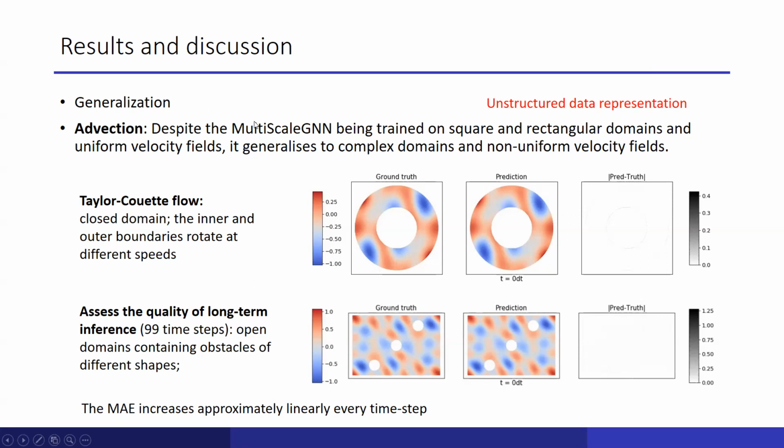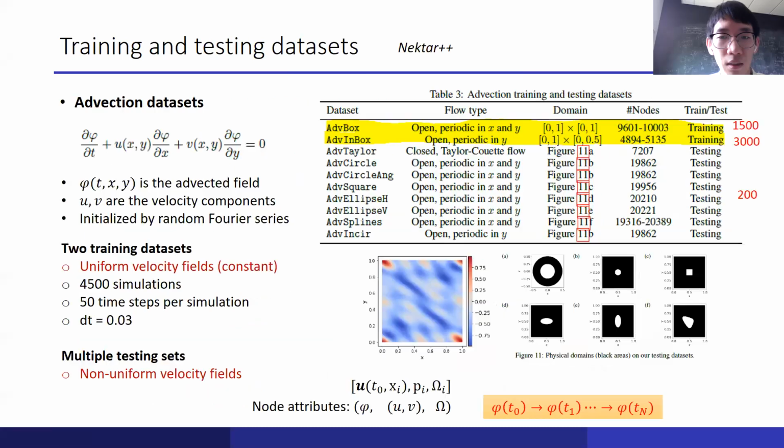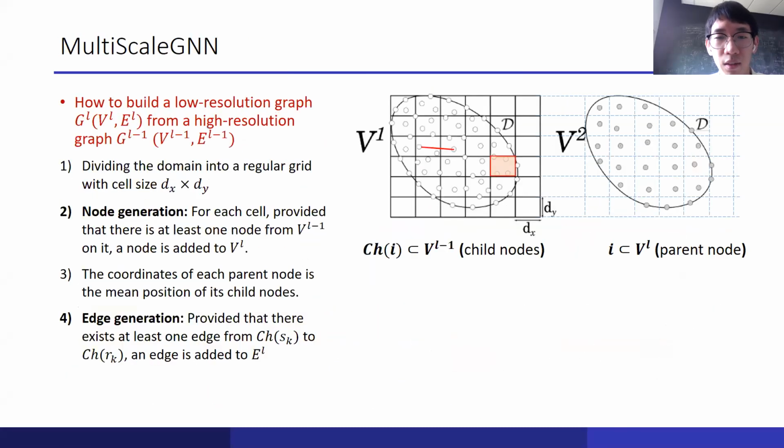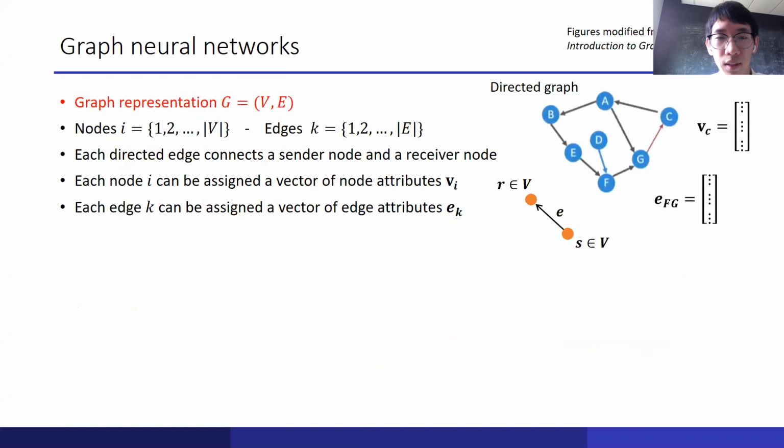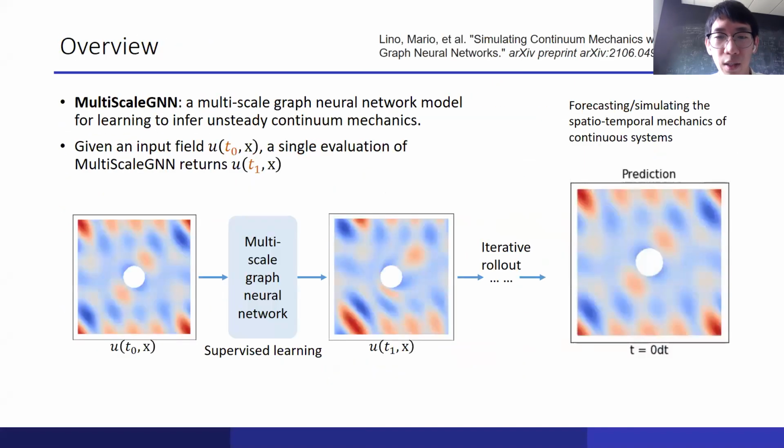Hi, Shengze, can I ask a question? Yes. You mentioned they have some recurrent features for their network. Is that something they specifically use to ensure the long-term prediction? Here the recurrence is not about the network itself. The network is only trained to take one time step and predict one time step.